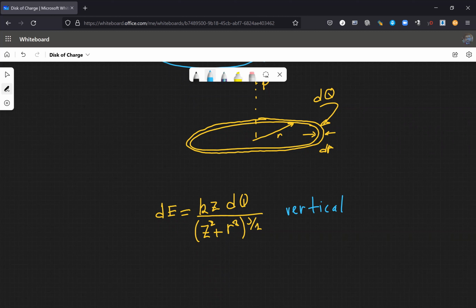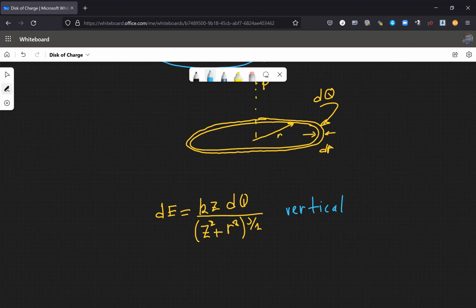I cannot integrate over dq, so I have to put it in something more meaningful to integrate over, which is the radius. I start with a small ring, then a bigger ring, and keep going until I get to the edge of the disk. What's changing from these rings? The charge on the ring is changing, and the radius of each ring is bigger.